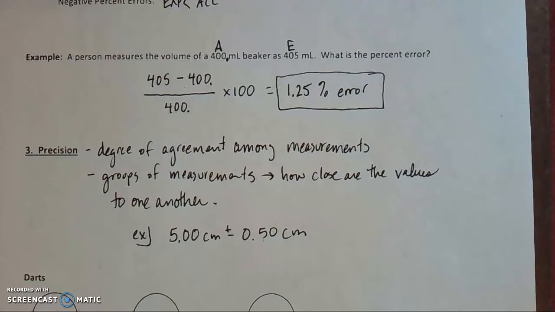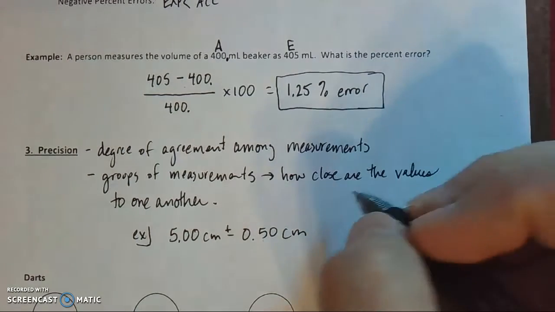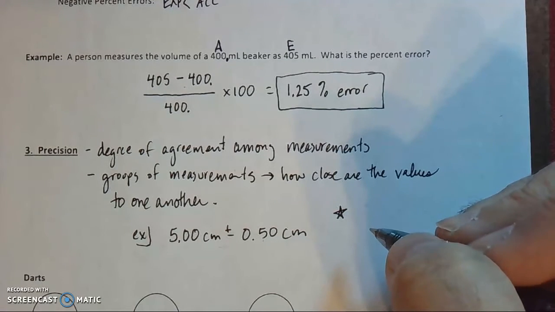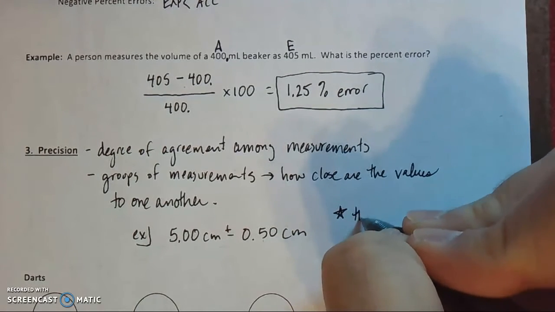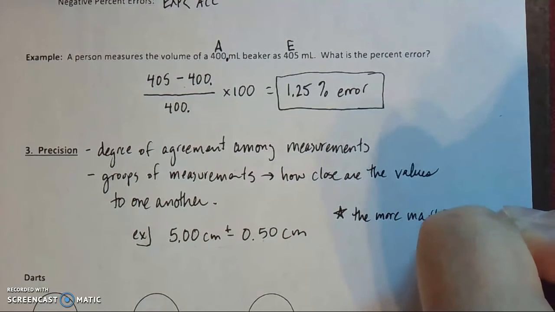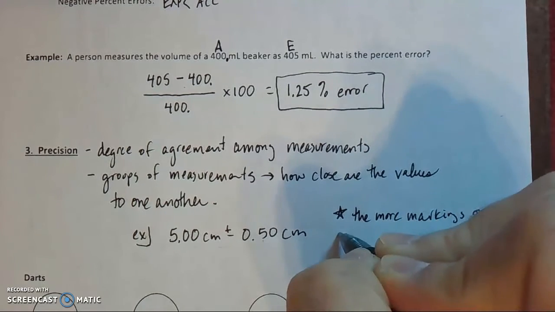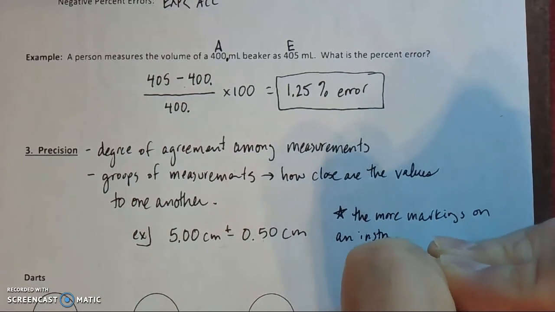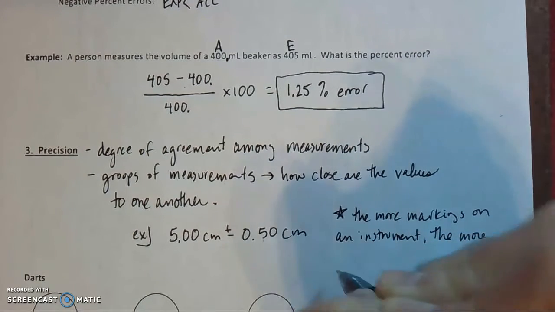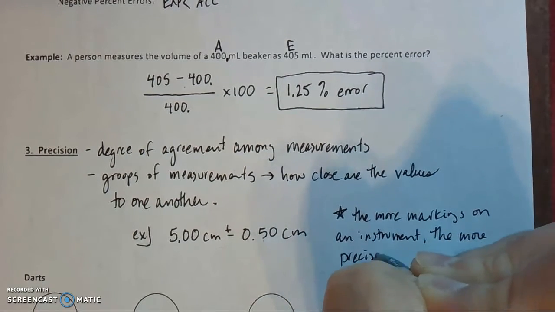And the more markings there are on an instrument, the more precise the measurements are going to be.